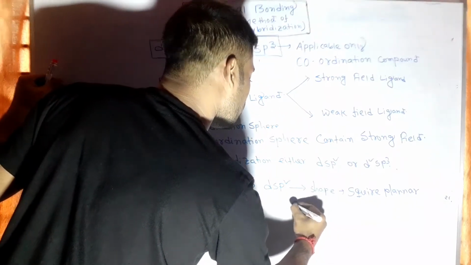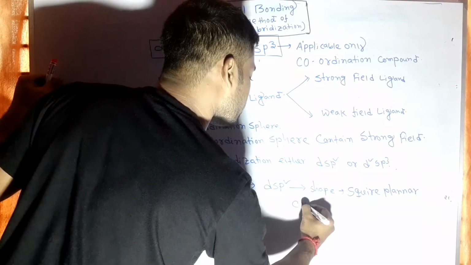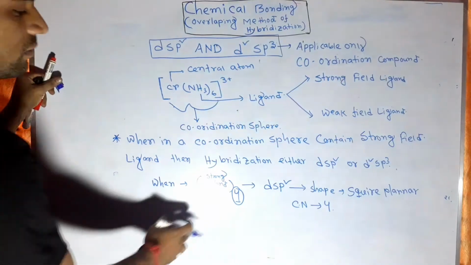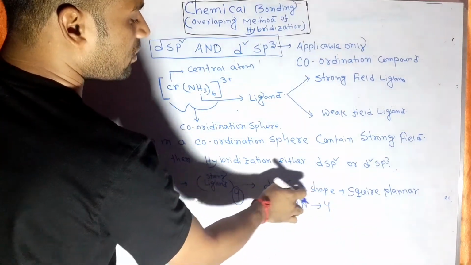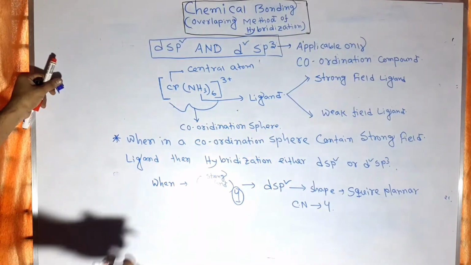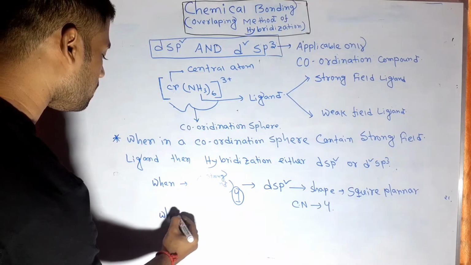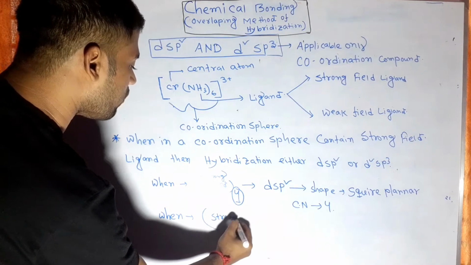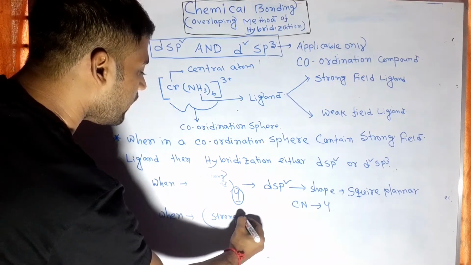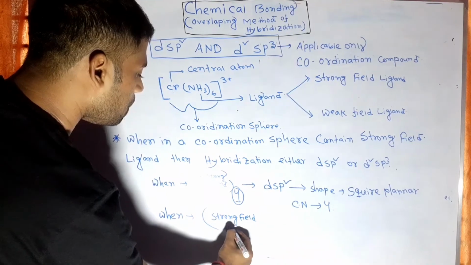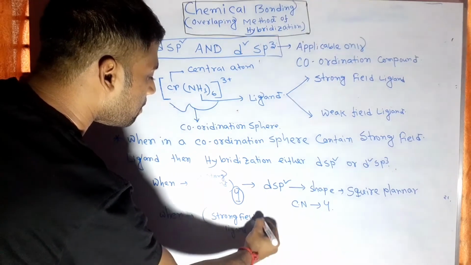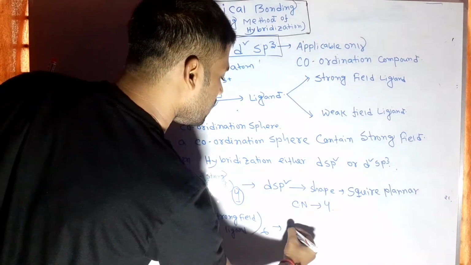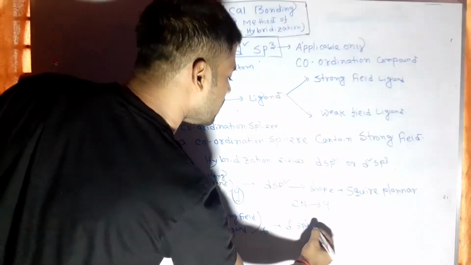What is the coordination number of dsp2? The coordination number is 4, and the hybridization dsp2 has square planar shape. Then, when inside the first bracket there is a strong field ligand with suffix 6, then it must be d2sp3 hybridization.